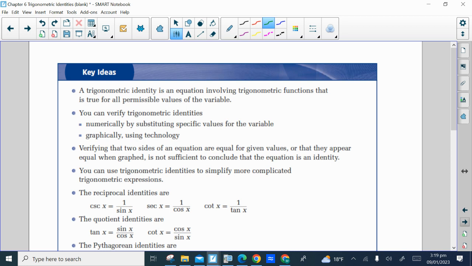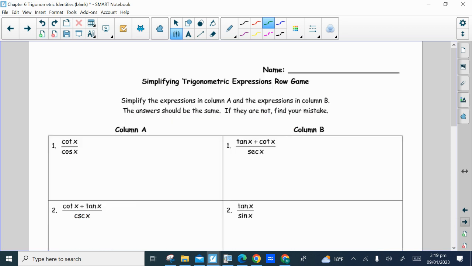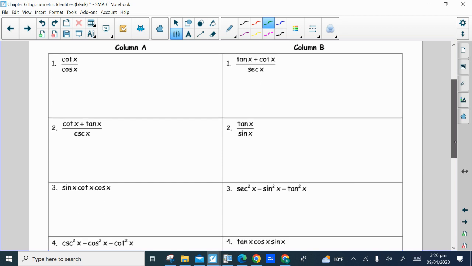All right, so there's a review of the key ideas that we've talked about, and on the next page there's a trig expression row game. So what this is, is that for question 1, the answer in column A and column B will be the same when you simplify. You'll get the same simplified expression for column A and column B, number 1. Same thing with number 2.